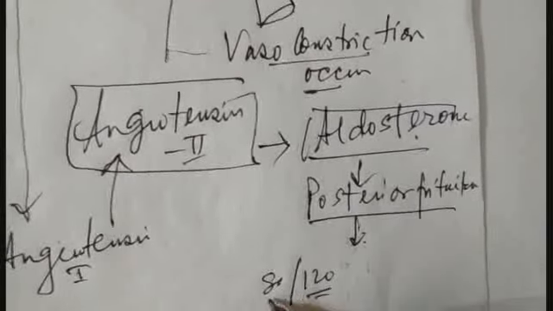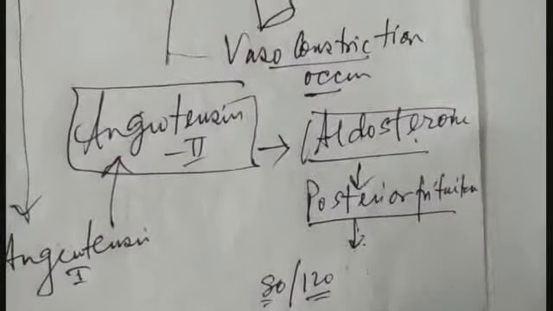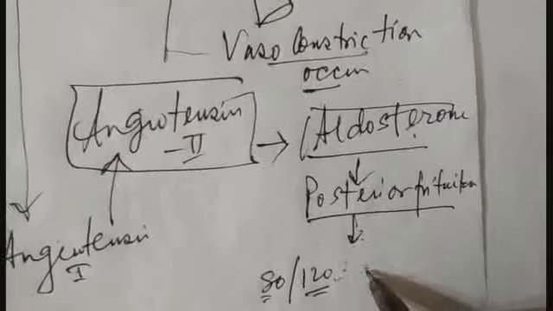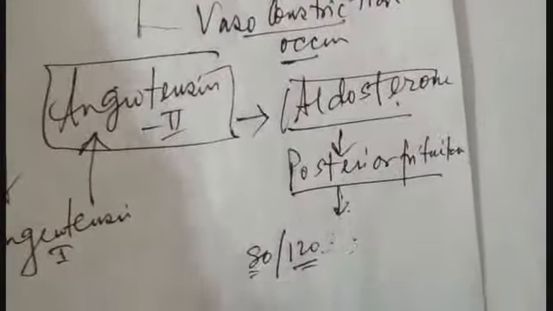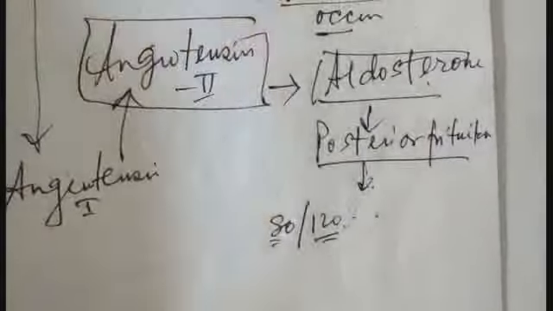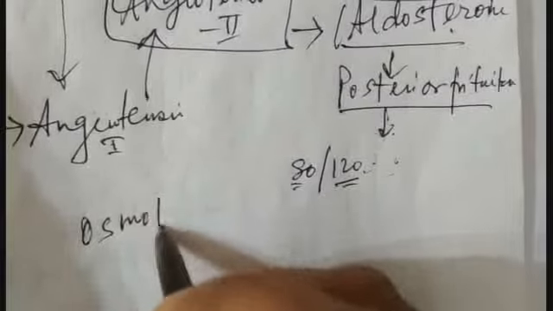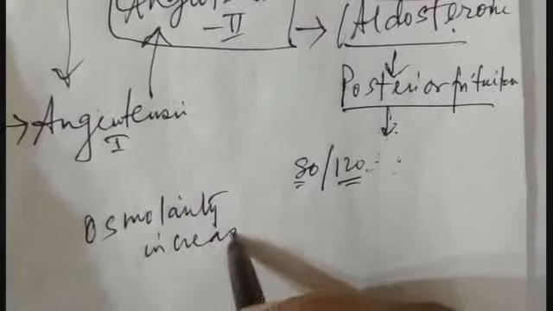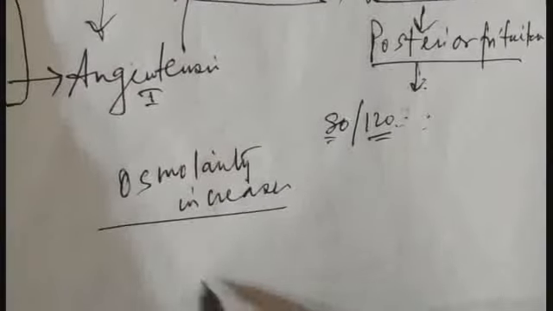This is systolic pressure and this is diastolic pressure. When it is higher than that, what will happen? Osmolarity increases.